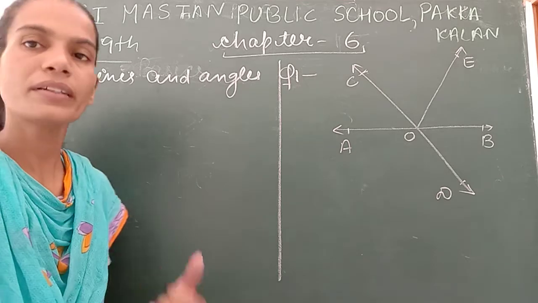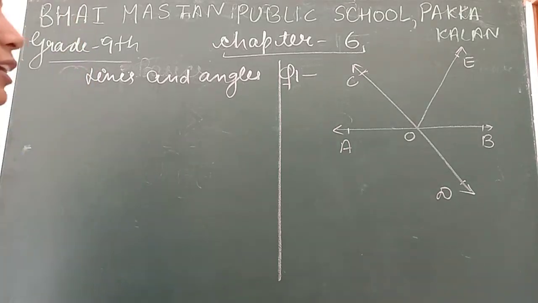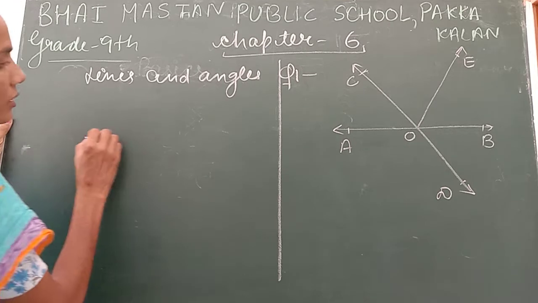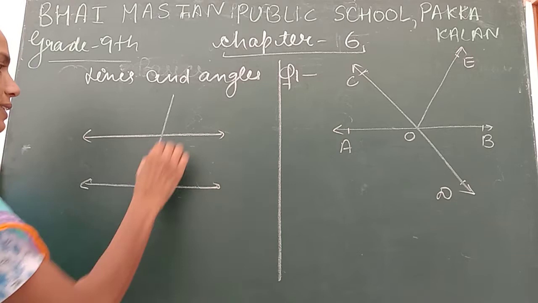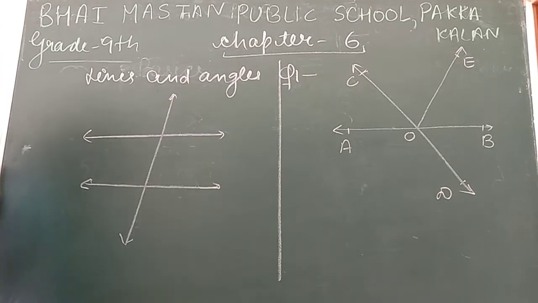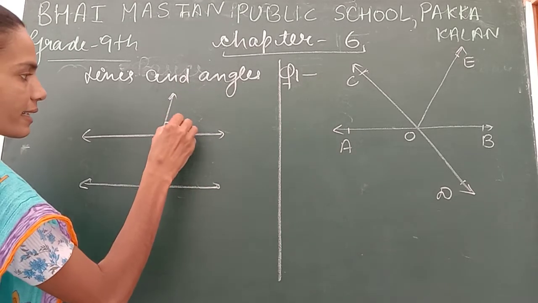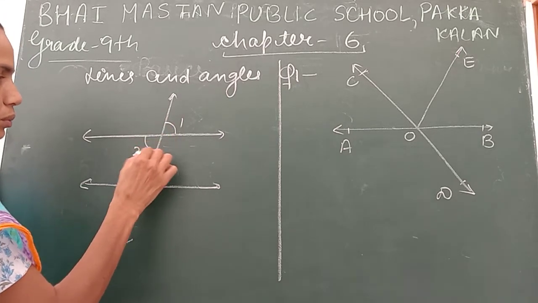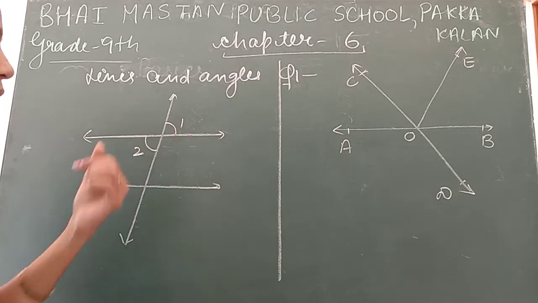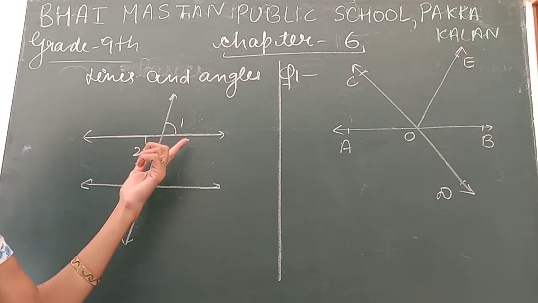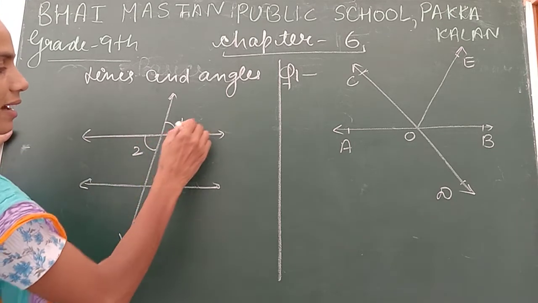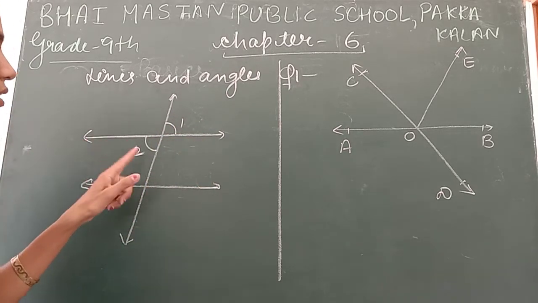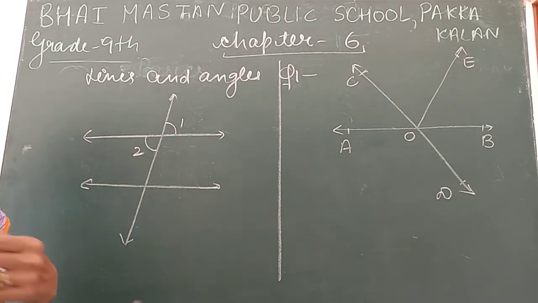Firstly, I am going to do a little review of your previous class, which you have already done. This is a transversal line. You people know that. This angle 1 and this angle 2, we call them vertically opposite angles, because these two sit opposite to each other.